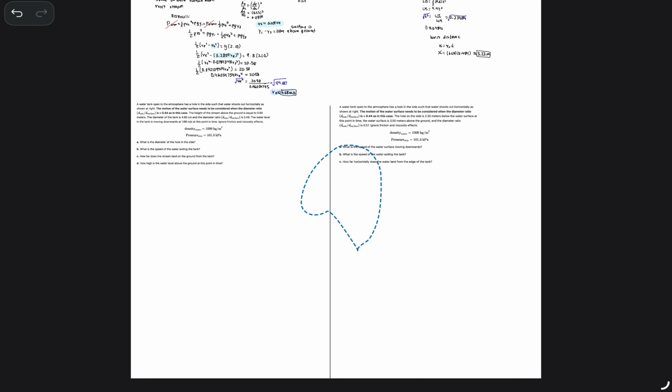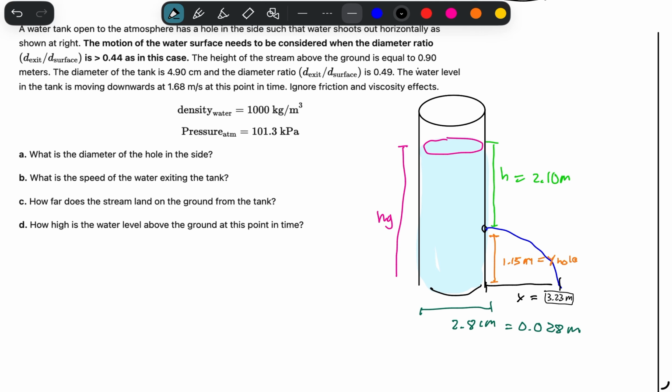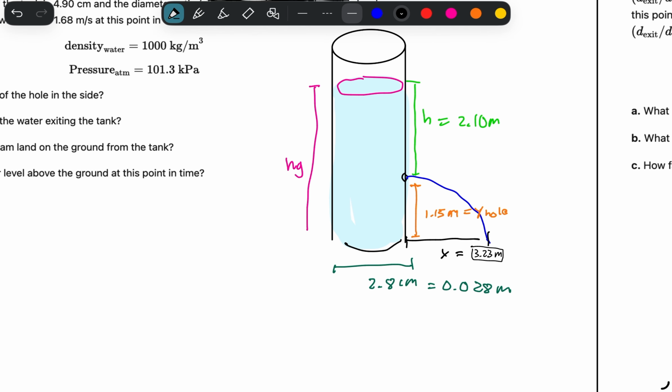So for question 5, we have a similar setup. So we're just going to take this setup and move it down. So we have 0.44, height above of the stream above the ground is 0.90.